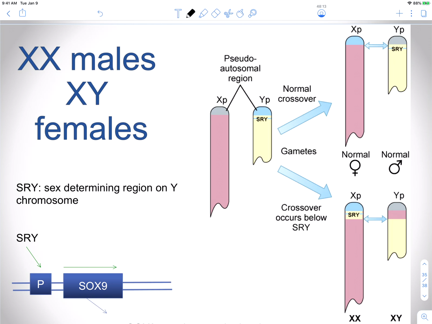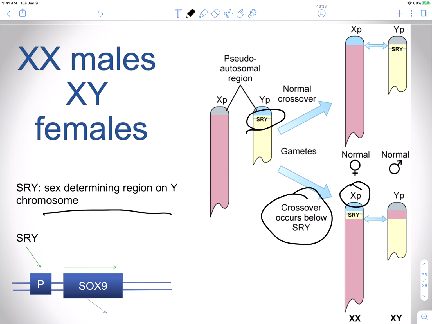And so here we have just your XX males and XY females, and this is due to the SRY gene on your Y chromosome. SRY is for sex determining region on the Y chromosome, and if you get a crossover that occurs below the SRY, your X chromosome now has the SRY gene, and your Y chromosome lost the SRY gene.